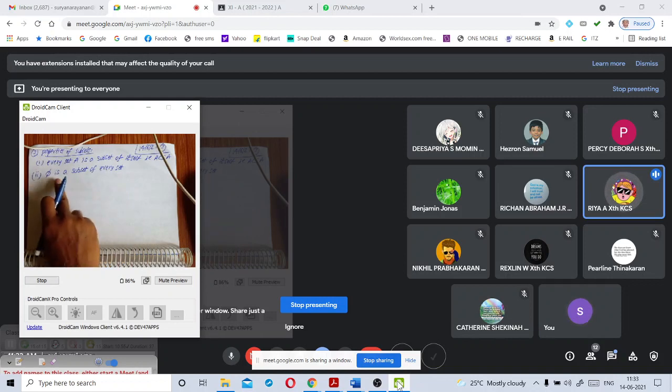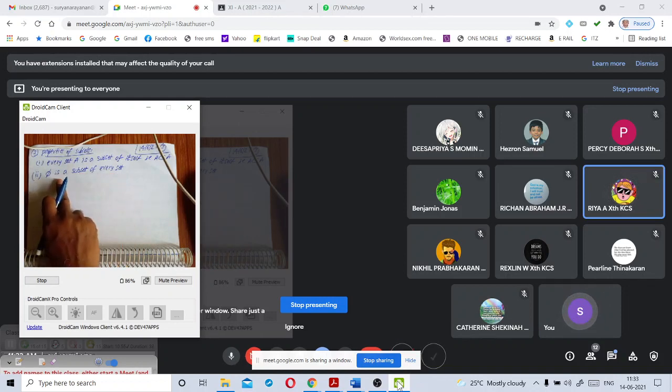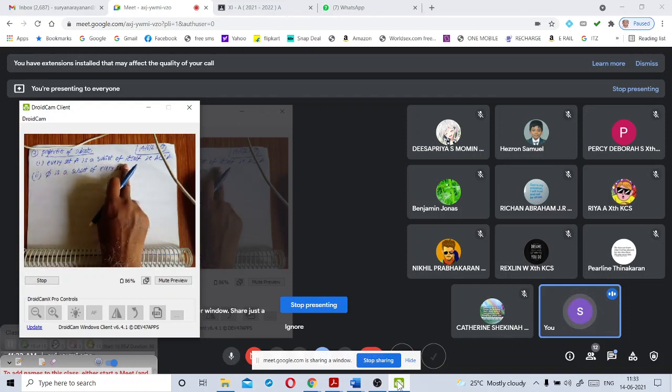So phi is a subset of every set. Very good. In the number system you have studied, one is a factor of every number. Yes or no? One is a factor of 10, one is a factor of 11, one is a factor of 13. Same as here also, the empty set phi. Phi is a subset of every set, and every set is a subset of the set itself. Okay, my children.